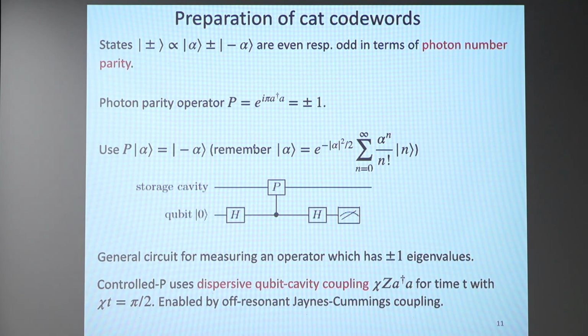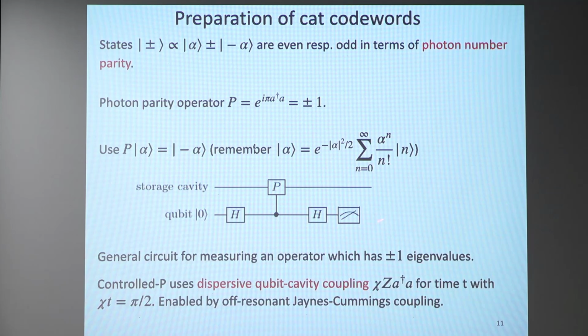e^{iπ a†a} is a rotation in phase space by angle pi. Right? And then I could measure my qubit again in the X basis, because I do another Hadamard.